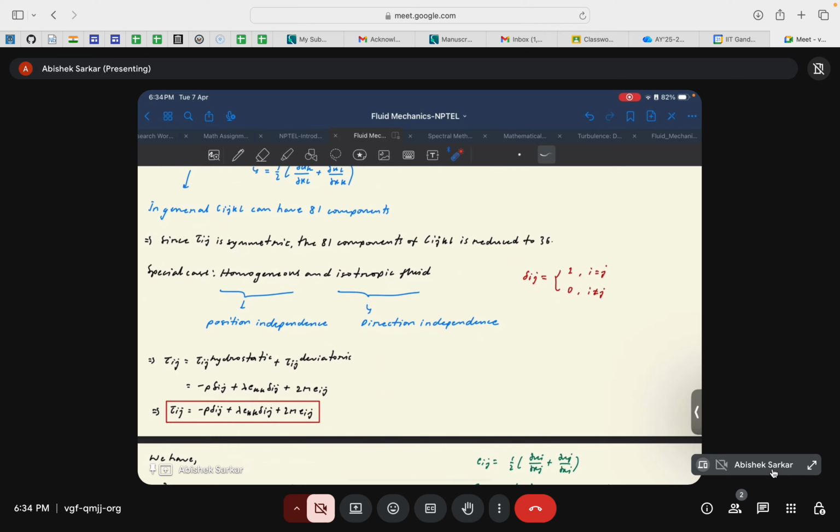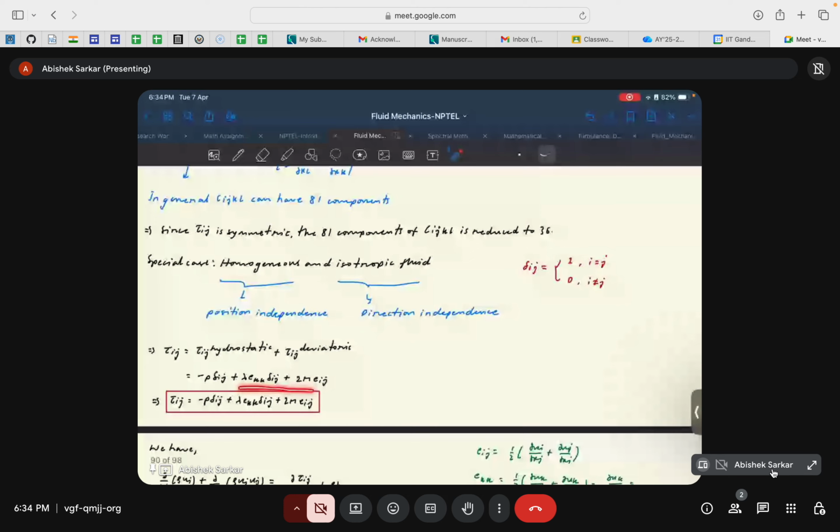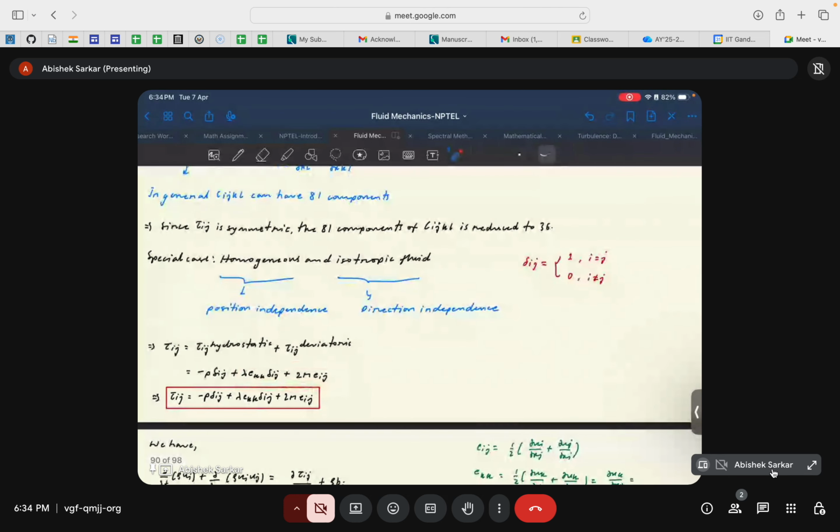If you consider these two assumptions and impose them on the strain rate mapping tensor, you can now simplify this relation, writing the relation between the stress tensor and the strain rate tensor as such. Okay, so tau ij is equal to tau ij hydrostatic plus tau ij deviatory.